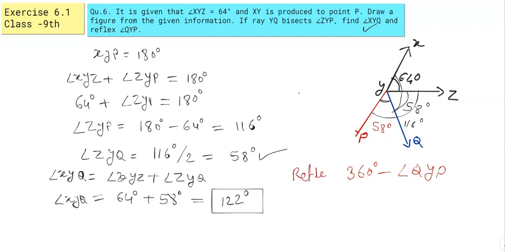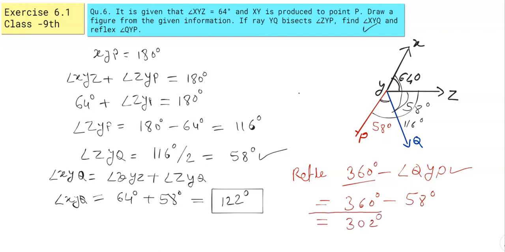So we will subtract the value of QYP from 360 degrees. So 360 degrees minus angle QYP. QYP value is 58 degrees. Put the value, and after subtraction we will get 302 degrees.